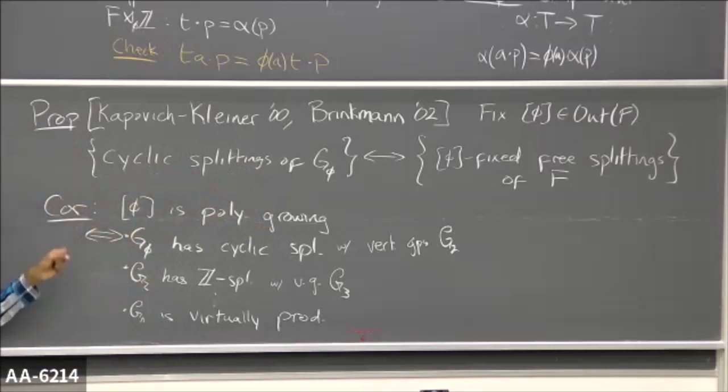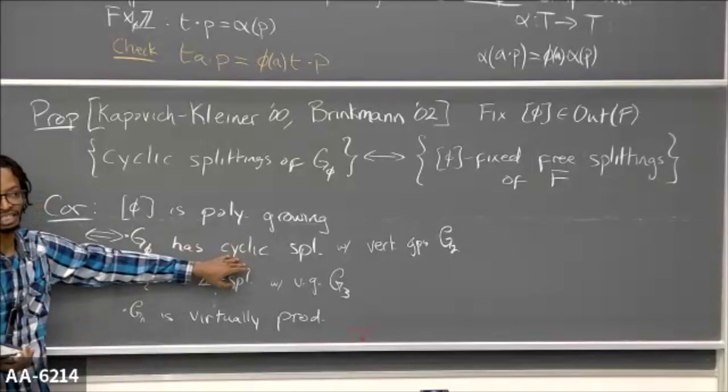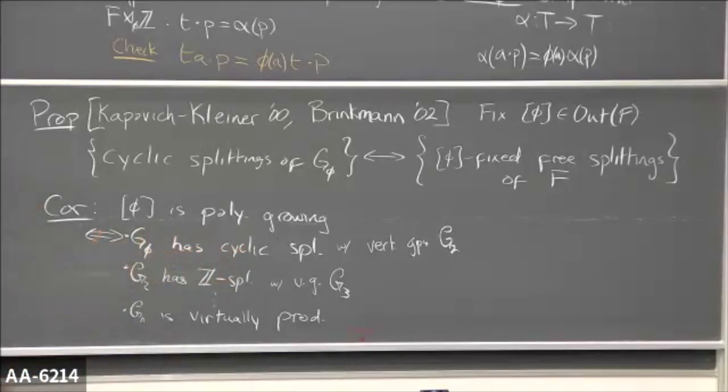A corollary to the corollary is that polynomial growth is a group invariant. You can also show that it's a commensurability invariant, and there what you want to say is that having a cyclic splitting is invariant under passing to finite index subgroups or supergroups.